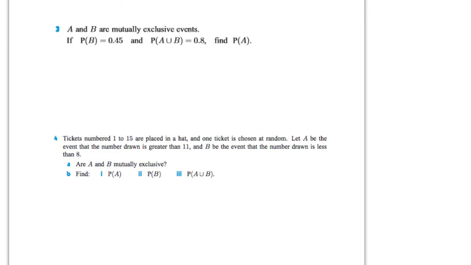Now the stem of the question tells us A and B are mutually exclusive. When they tell me that in the problem, then I'm being told that A intersection B's probability is 0.